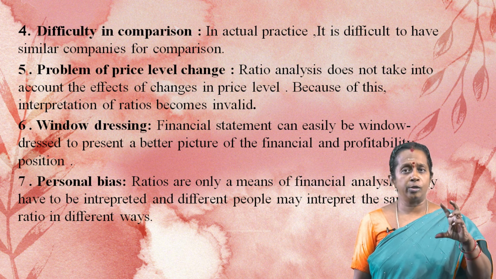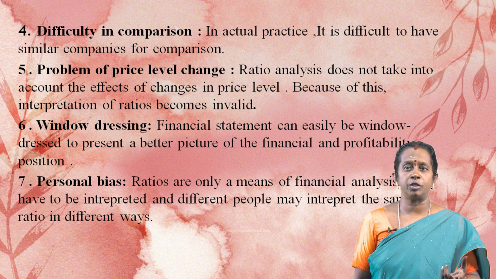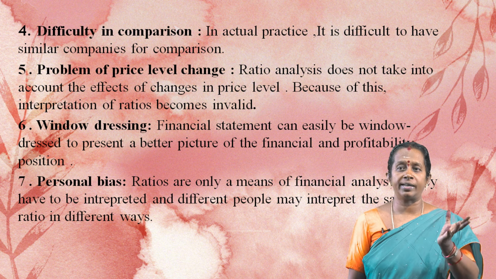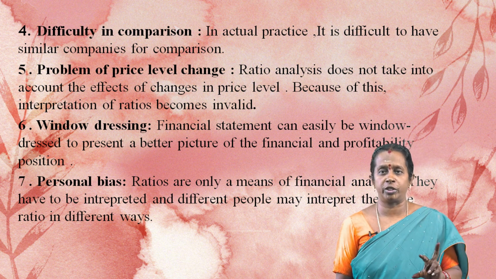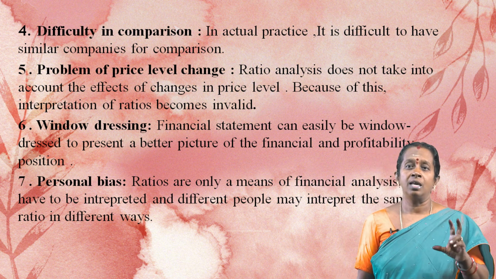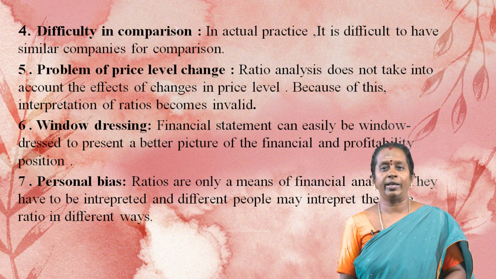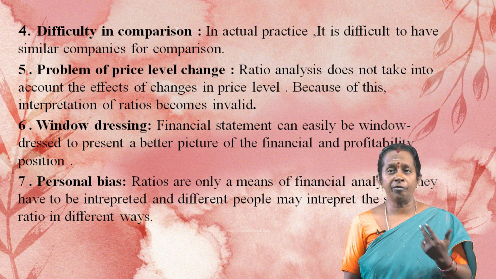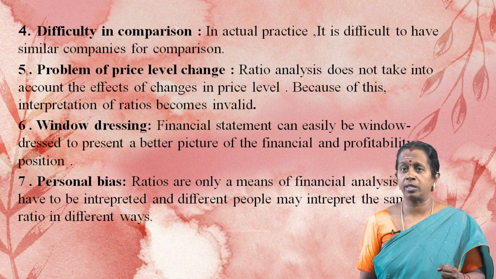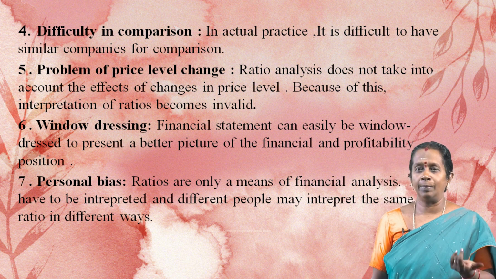While getting a loan from a bank or financial institution, they make certain alterations to get the loan facility. So the statements are window dressed to present a better picture to get financial resources from the institutions. Hence, it is considered one of the limitations.